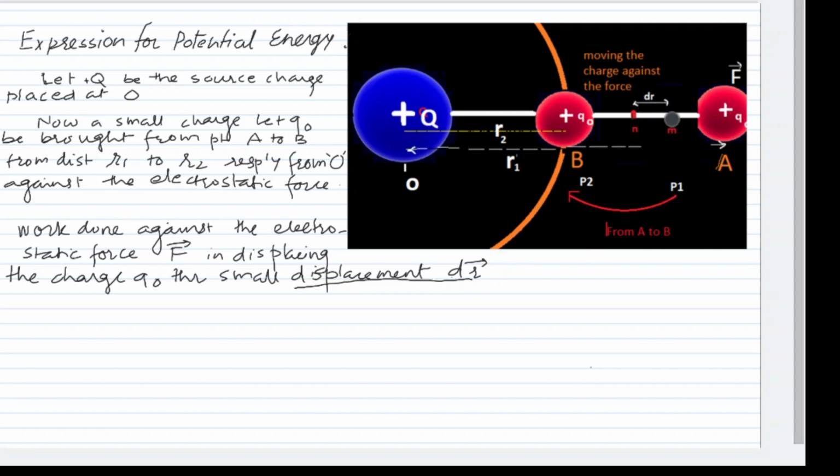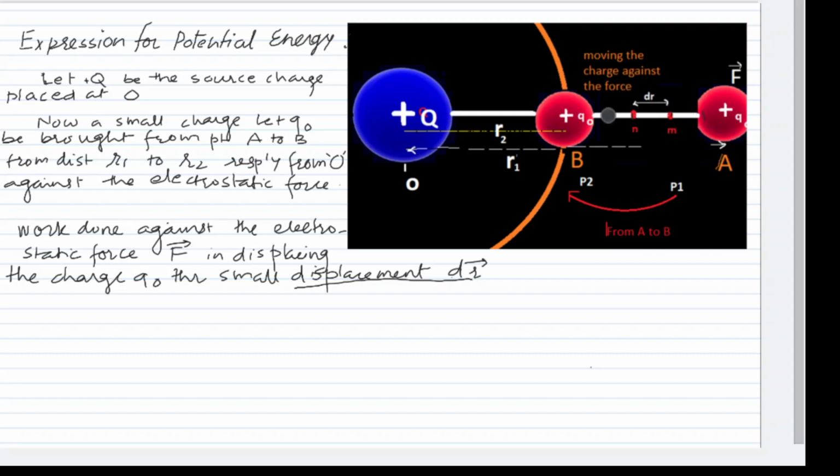Now because we are showing the distance opposite to the force, it is displacing from this position to this position. In this way this charge will go through the small segment dr. From here to here this much distance is dr, suppose.